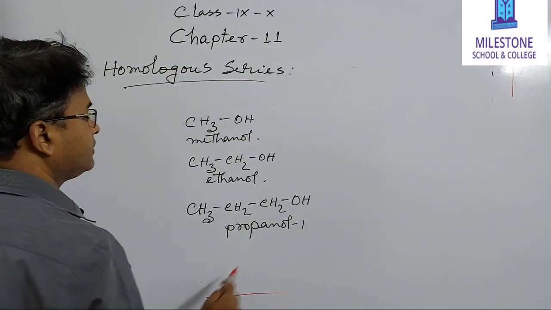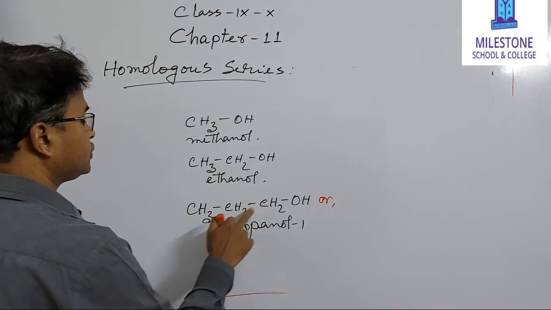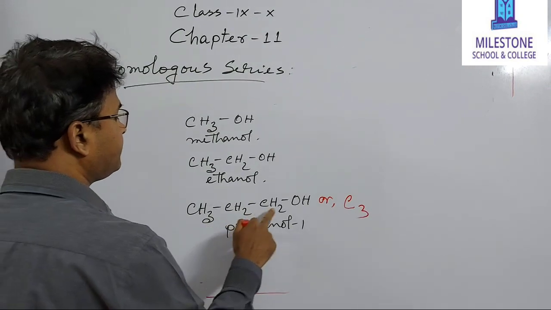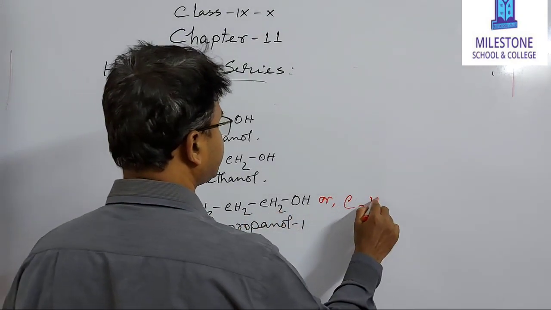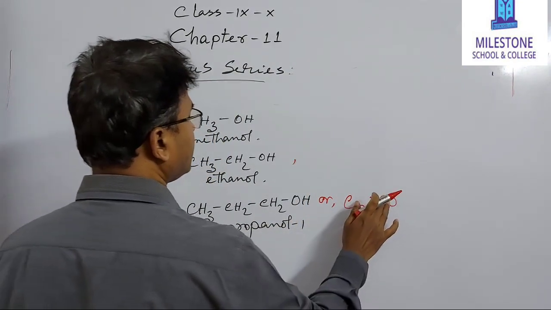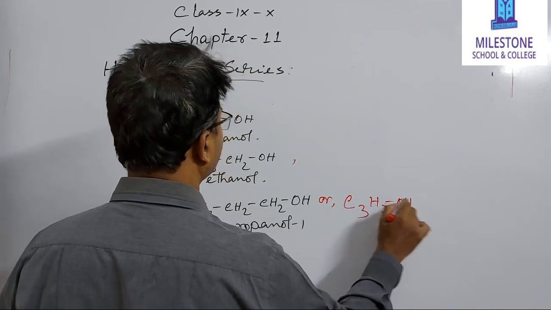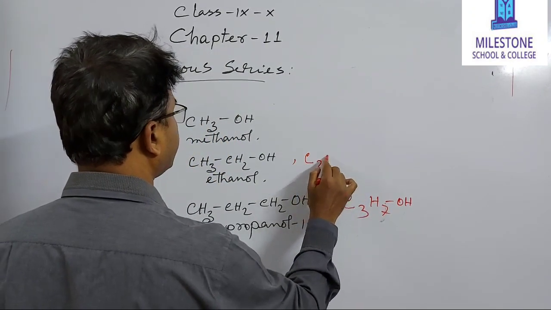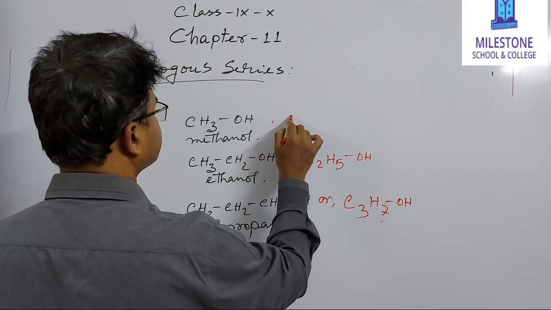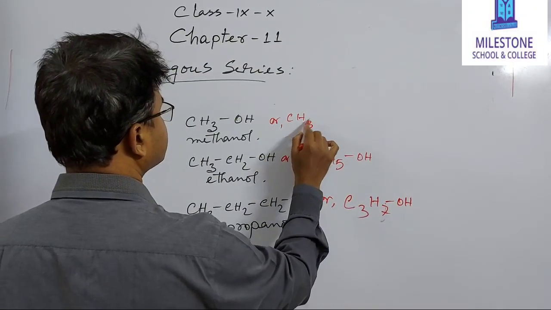Now if I write here the molecular formula, C3H7OH for propanol, C2H5OH for ethanol, and CH3OH for methanol.